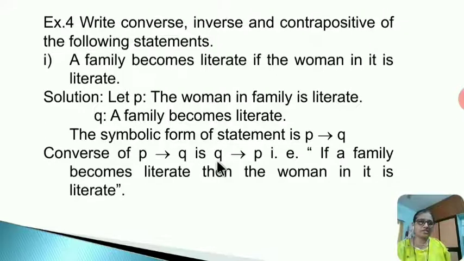This symbolic representation can be represented in word form as: if a family becomes literate, then the woman in it is literate. Now inverse.